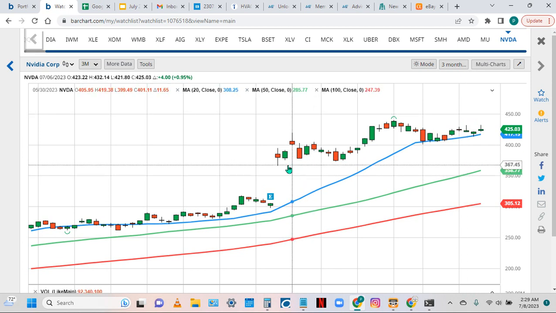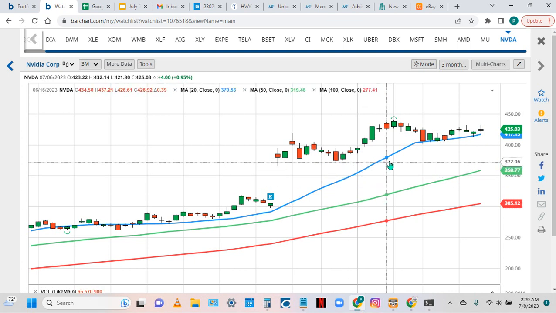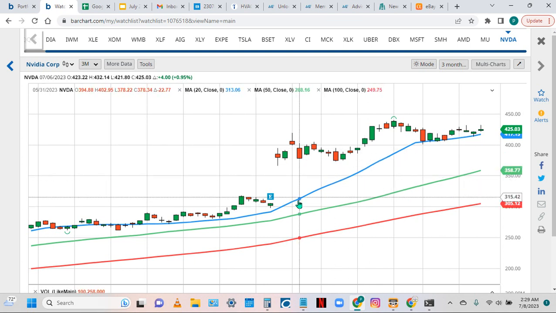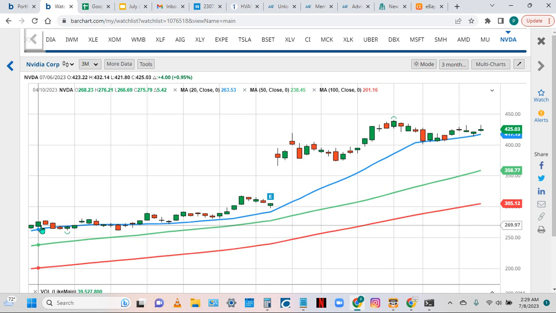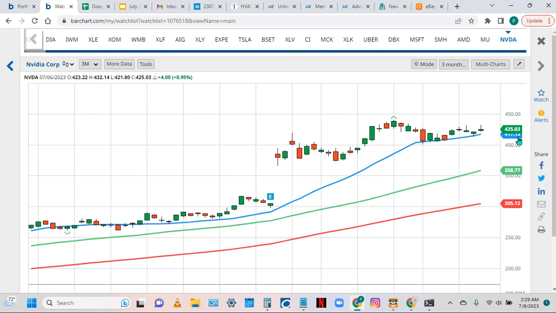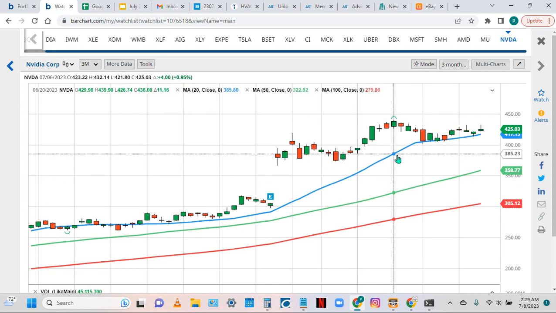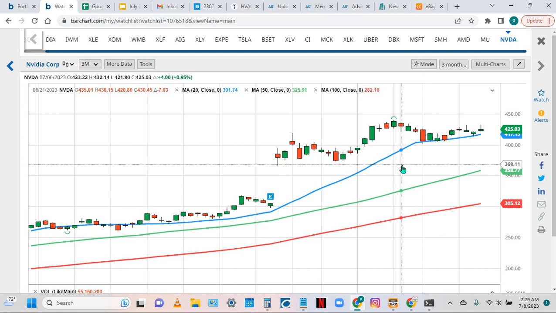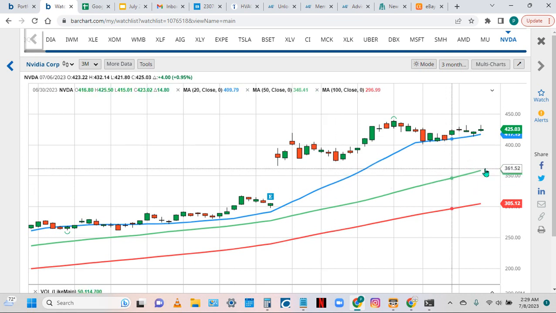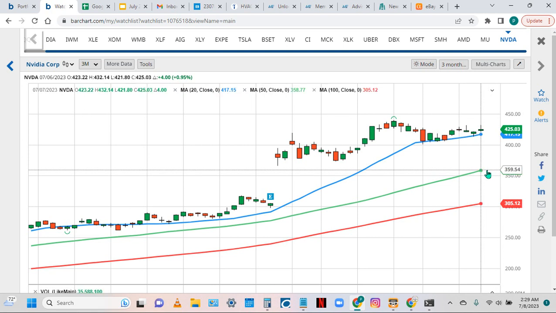On something like this, if I had slowing momentum, I would be raising my stop if I had a stop, right? So let's say I bought the stock back here, April at 270, and now it's 425. Well, to prevent myself from giving back all my gains, maybe I raise my stop to under this area, or maybe I raise my stop to the 50-period moving average and just in my plan say, look, I'm not willing to give back anything below 359 or 360.